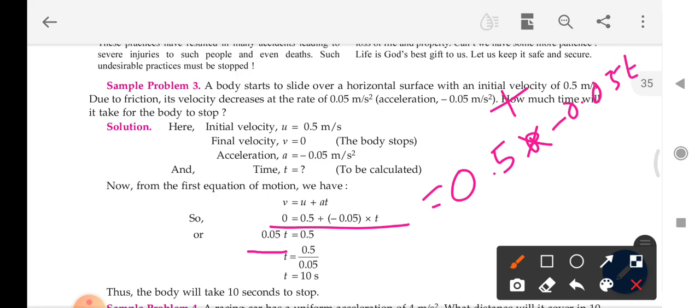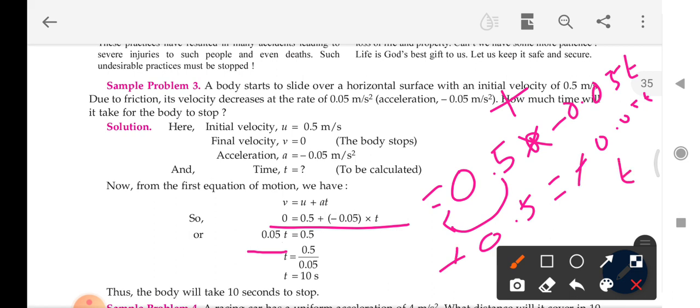So when the 0.5 will come here, minus 0.5 equal to minus 0.05t. So you keep the t here, the minus minus cancel. So 0.5 by 0.05. When we divide 0.5 by 0.05, we get 10. So t equal to 10 second. So the body will take 10 second to stop.